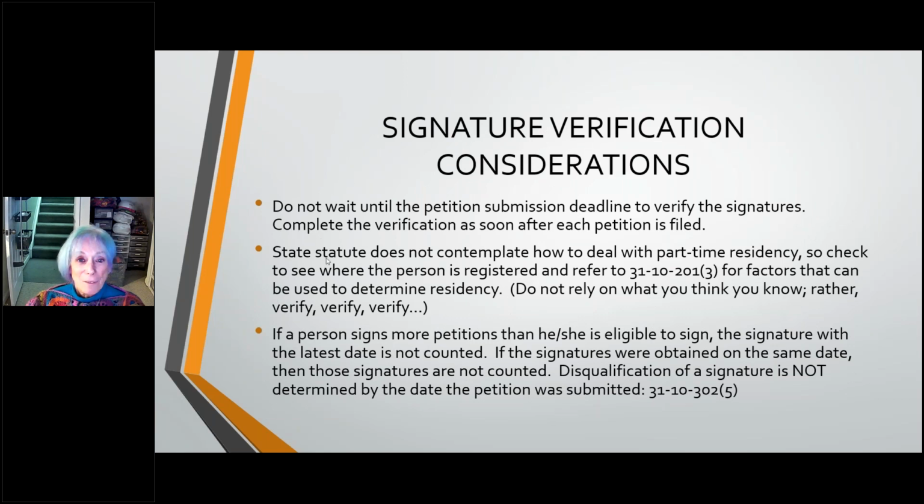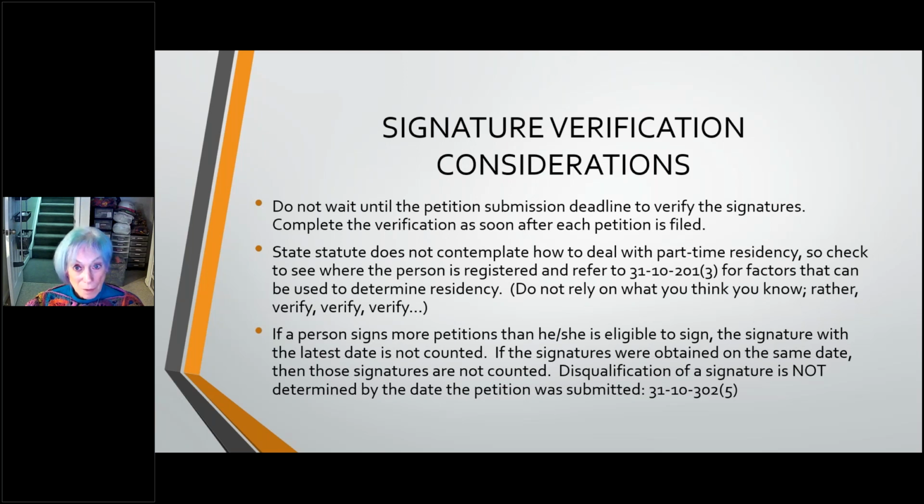Okay, and here's a few things that I think would be very important to consider when you're doing the signature verification. First of all, I strongly suggest that you don't wait until the petition submission deadline, which I believe is January 22nd, comes before you verify the signatures. In other words, when somebody submits their nomination petition, you date stamp it.